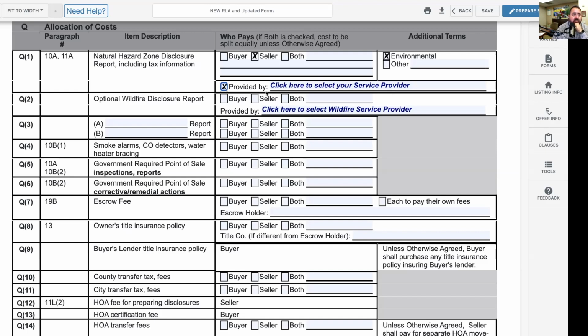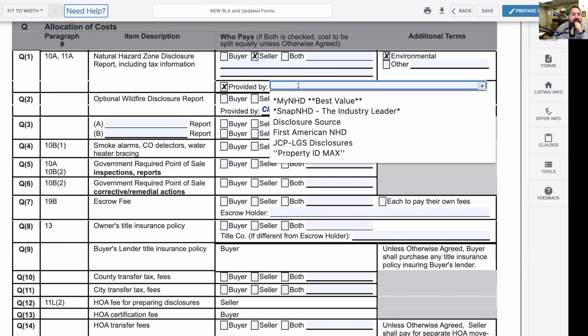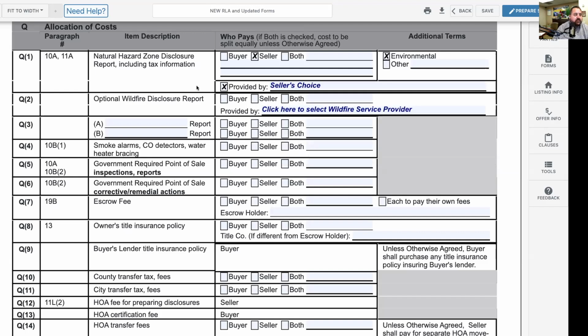So make sure you're checking off the box "provided by," and in here, just put seller's choice. Most of the time we know that's what the counter offer is going to be, it's our services. So just give it to them.